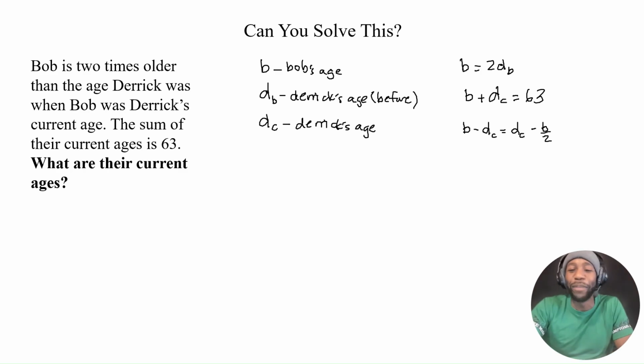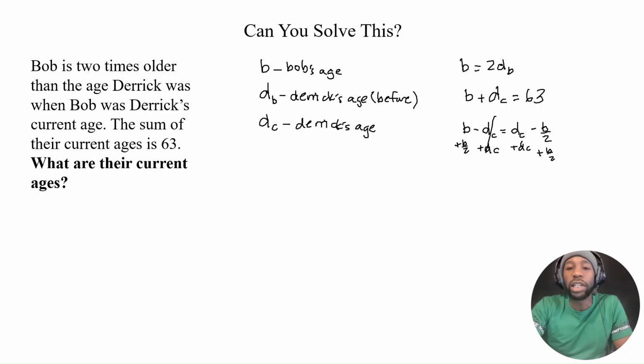Of course, I can't get your feedback, so just follow me. So let's simplify this. I'm going to put DC on this side, and then I'm going to put B over 2 on this side.